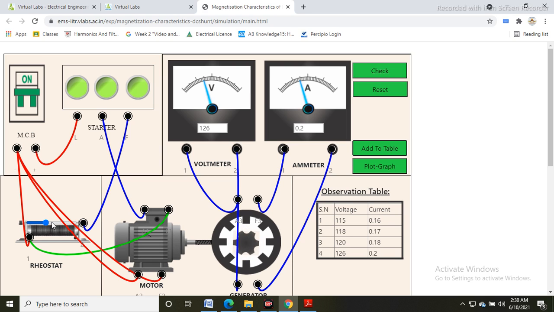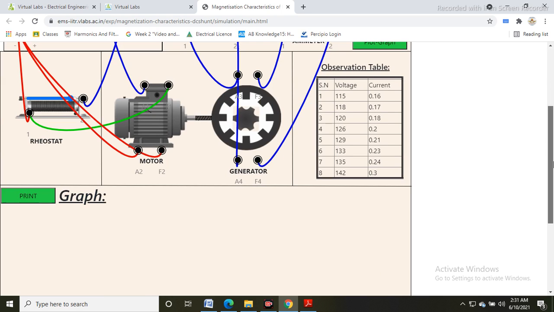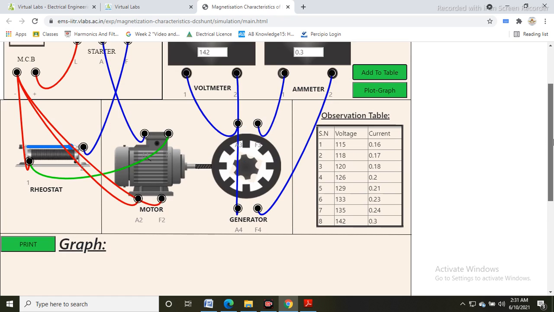Again I will take the fifth reading, and again. At least take 6 to 7 readings, so your graph will clearly show the characteristics of the DC generator, the magnetizing characteristics.